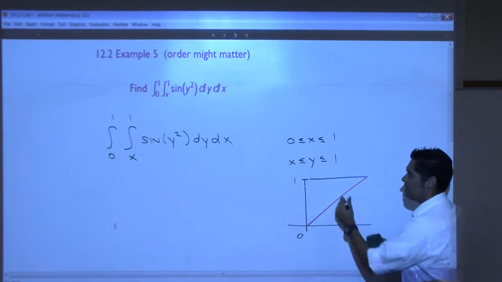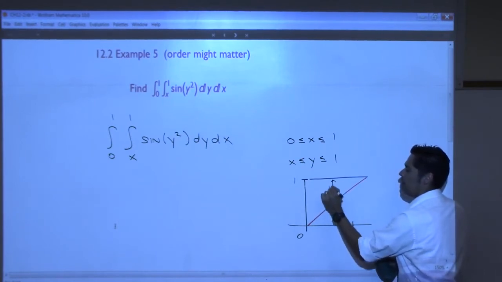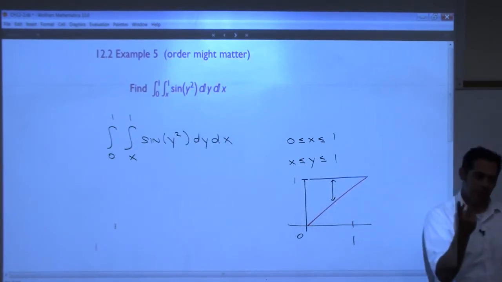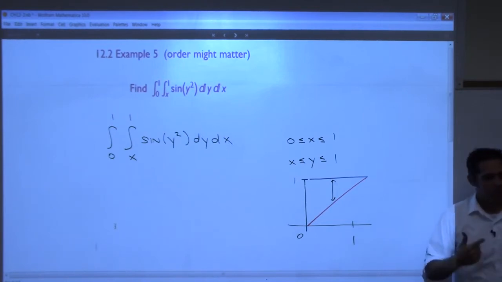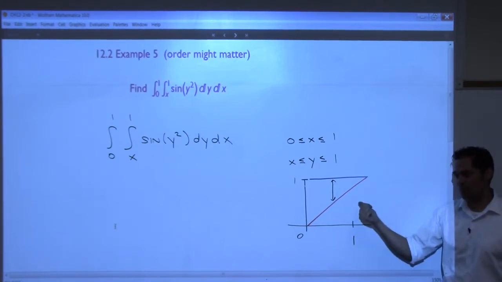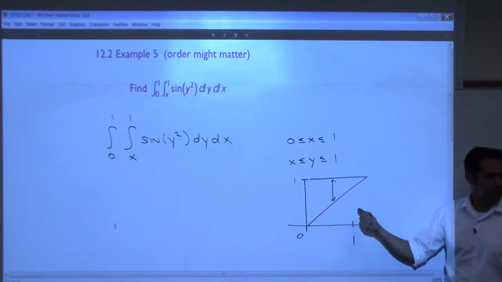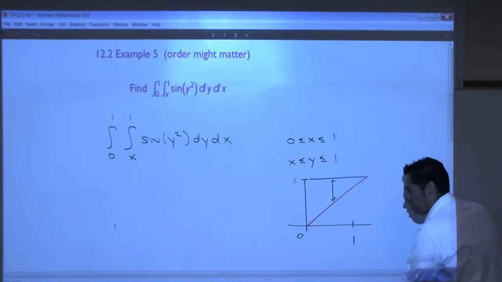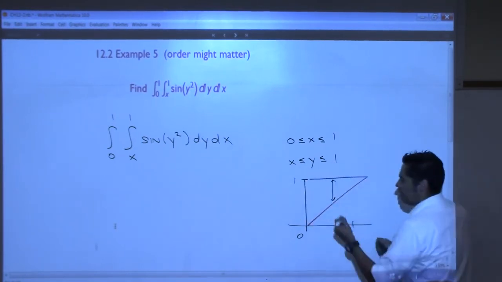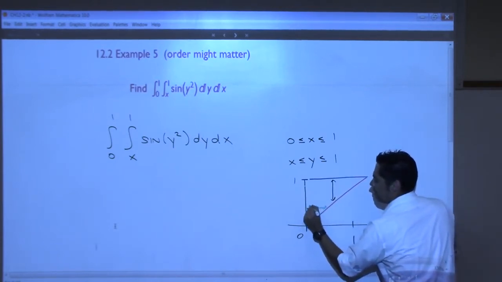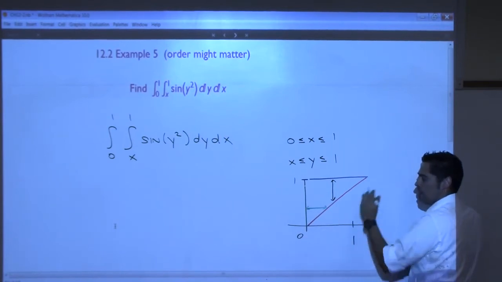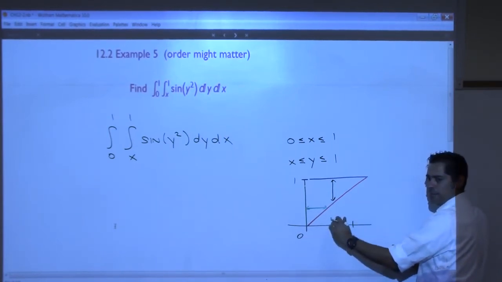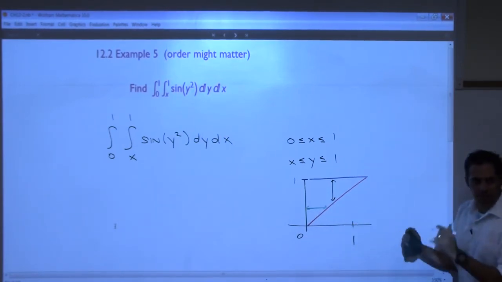Type 1, right? I can switch the order of integration if I change it to a type 2. The question is, can you convert this to a type 2? Yes. Because if I draw my double arrow this way instead, will I still maintain the same left bound the whole time and the same right bound the whole time? Yes? That's what I'm going to do.